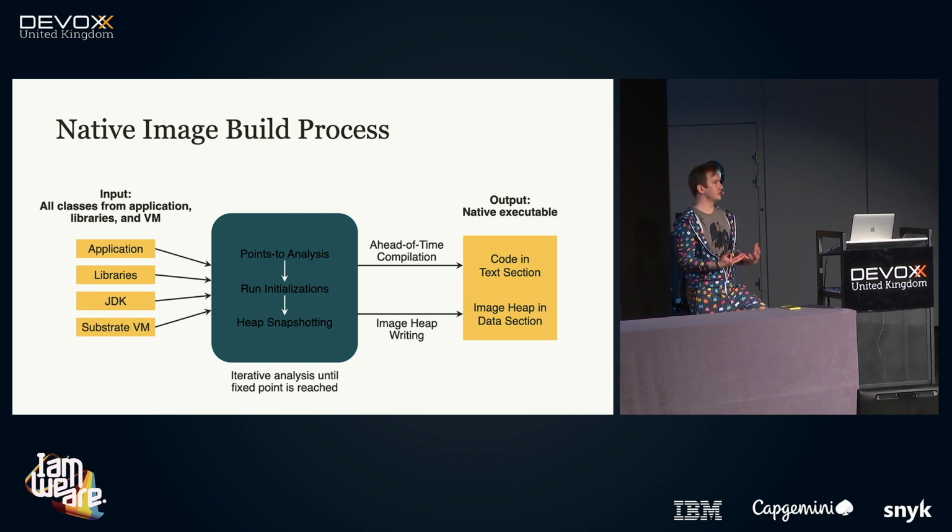Your application is written under the assumption that memory is infinite. You create new objects all the time. You know that there is a garbage collection algorithm that somehow will reclaim memory and make sure that your application never runs out of memory, up to a limit. And when you compile it to the native image, it will still run the same way.